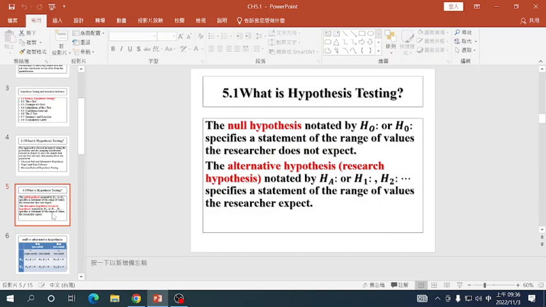This is y, this is x3. What do we mean by beta 3 equal to 0? It means horizontal, right? So beta will be the horizontal. What do we mean by beta being horizontal? It means that no matter whether x increases or decreases, y doesn't change. So if you say beta 3 not equal to 0, it means the relationship is either positive or negative, but not horizontal.